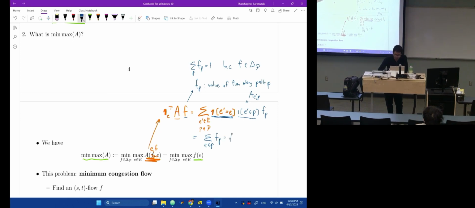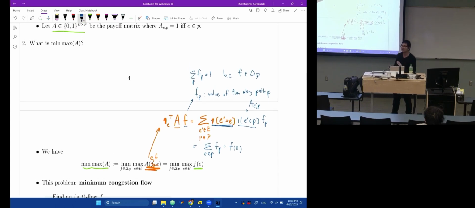That's nothing but the flow value in E, the total flow value along the paths that go through an edge E. Okay. Question about this?